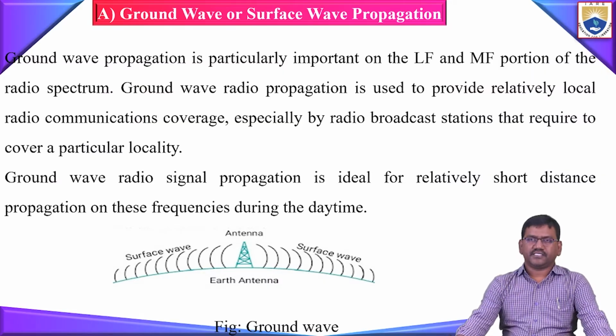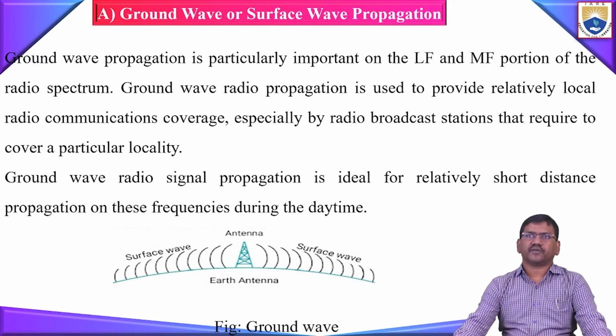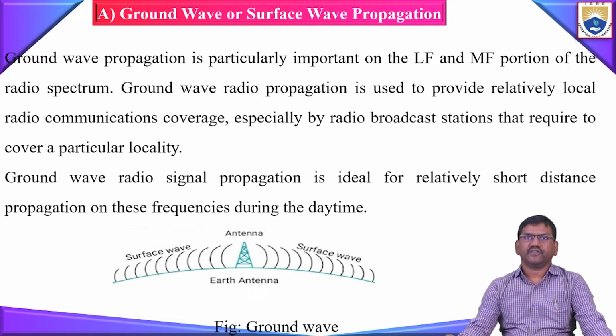So, ground wave propagation. In the previous session, we discussed the different modes of propagation. Whenever electromagnetic waves are propagated into free space, they travel to the destination point in different paths. These paths are known as the modes of propagation. Some waves travel over the surface of the earth.